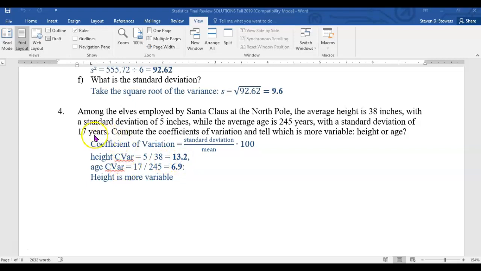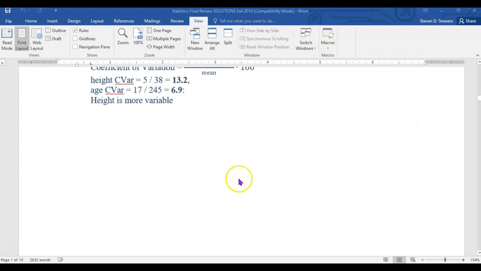And for age, that would be 17 divided by 245 times 100, which would be 6.9. So because the coefficient of variation is higher for height than for age, we would say height is more variable than age is.